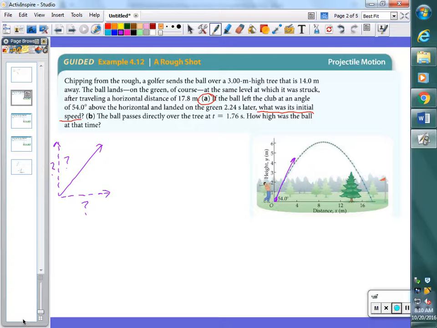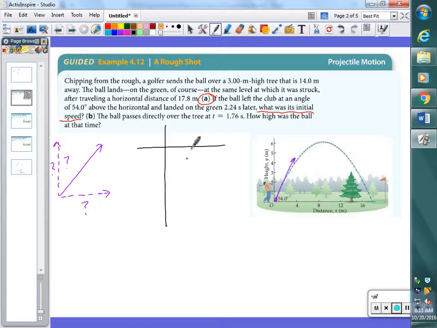I told you yesterday, and it's still written on the board over on the right-hand side, even though you can't see it if you're watching the recording: if this is a projectile motion problem, where should we start? Any projectile motion problem should start with what? Well, before we do the acceleration, draw the three-column chart. So let's draw the three-column chart.